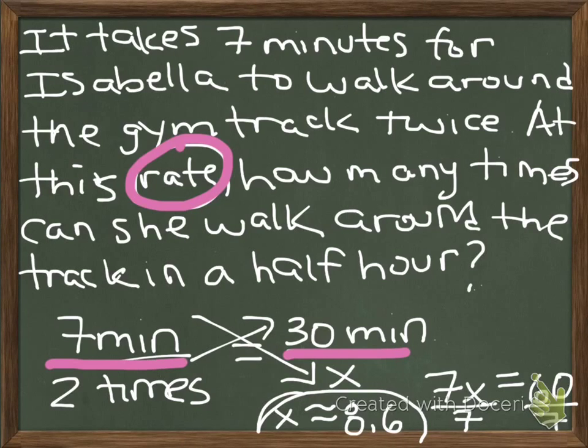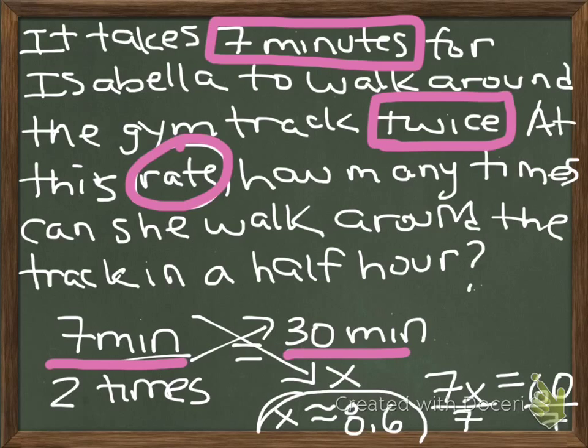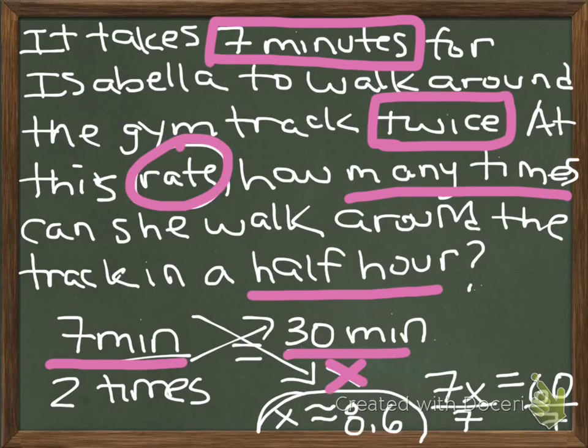So notice that both the numerators of my ratios are minutes, because it says it takes 7 minutes for Isabella to walk around the track twice. So I'm taking the 2 times she walked around the track and the 7 minutes and creating a ratio, 7 minutes over 2 times. Then on the other side, it says how many times, so that's why we have x for my denominator. Can she walk around the track in a half hour? And the half hour I turned into minutes, so I have 30 minutes as my numerator.